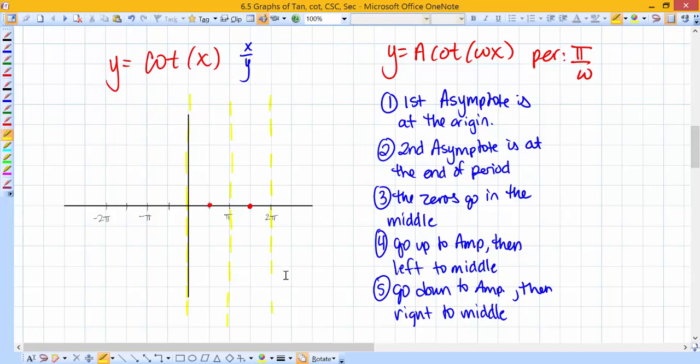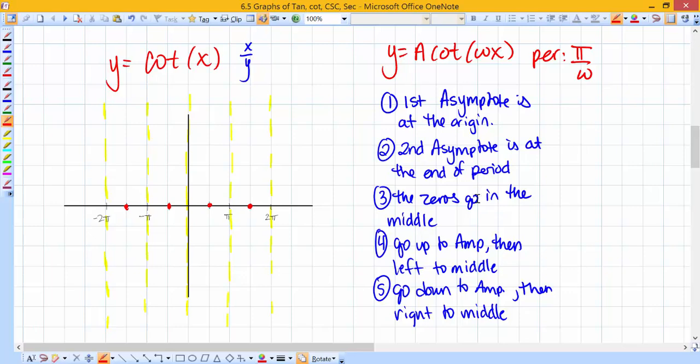Cotangent, just like tangent. Oh, I forgot to mention that before. Tangent is an odd function, so is cotangent, so they are symmetric to the origin. So I'm going to flip this around. My asymptotes will be at the same spots. My zeros, same thing. You'll see the symmetry when we graph the actual curves.